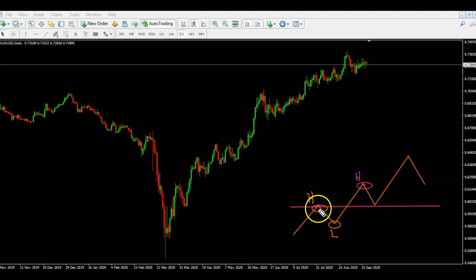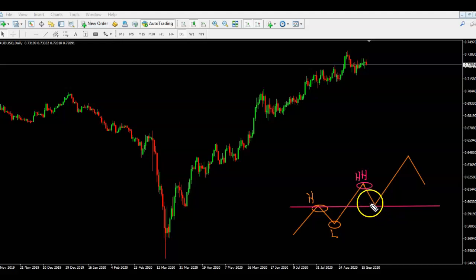Now, when the market creates a new high, it's called a higher high. So it's double H. Hope I'm not confusing. It's a higher high because this was the first high. It makes a retracement and creates a low. Then that high, that level right there is broken and it creates a new high. So automatically it's called a higher high.